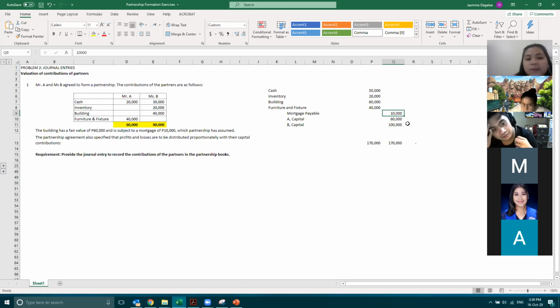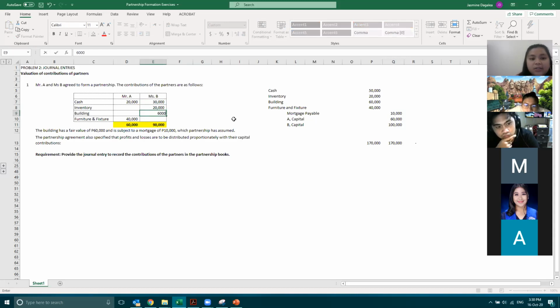Babawasan nyo sa fair value ng building yung related mortgage. Yun yung net capital contribution: fair value minus any liability. So, yung fair value ng contribution ni B: 30,000 cash, inventory 20,000, building 60,000.